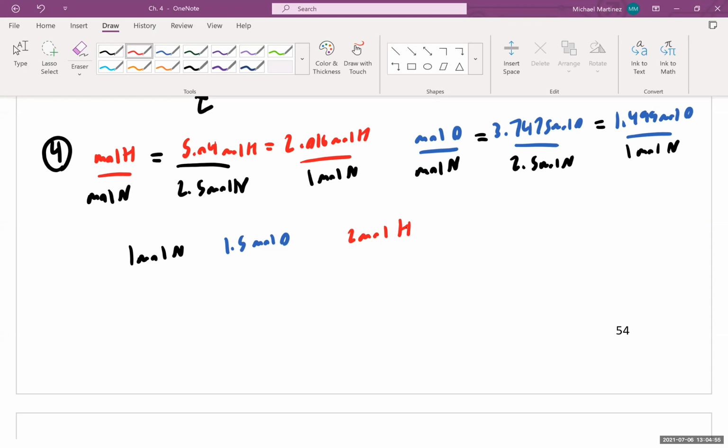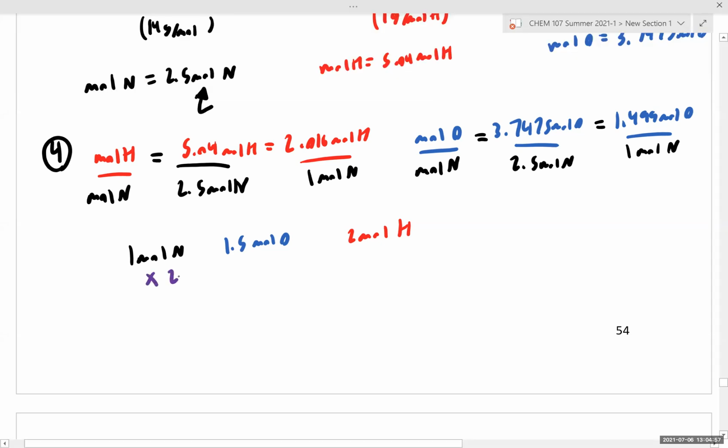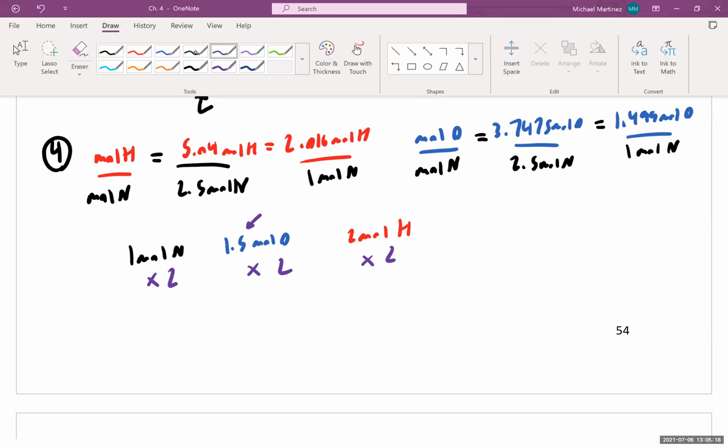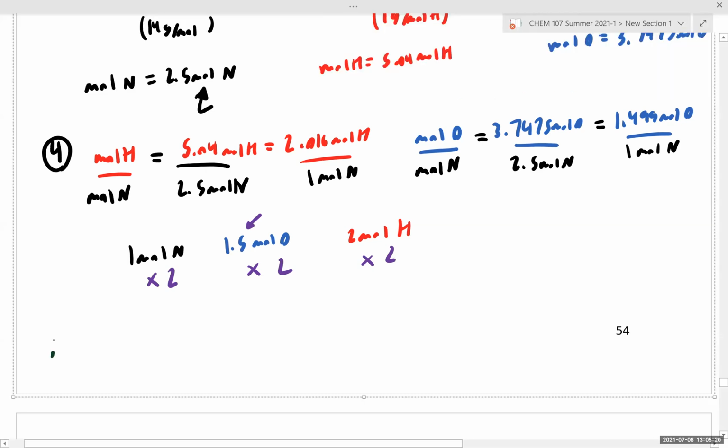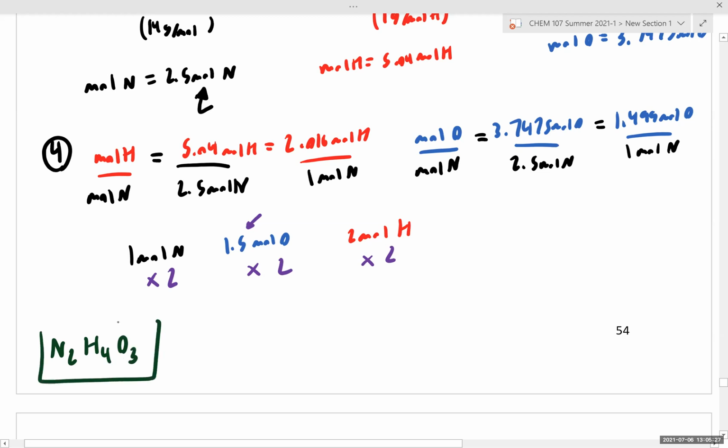So what whole number do we need to multiply each of our moles by in order to get a whole number empirical formula? So we have 1.5, 0.5. What do we need to multiply our moles by to get a whole number? We'd multiply by 2. So that in turn gives us an empirical formula of N2H4O3.